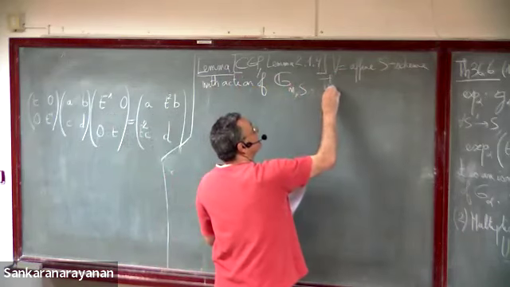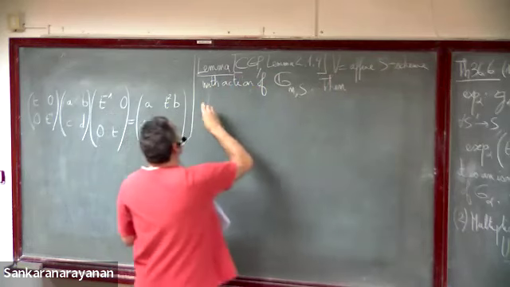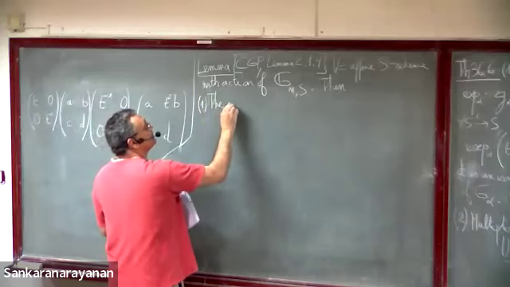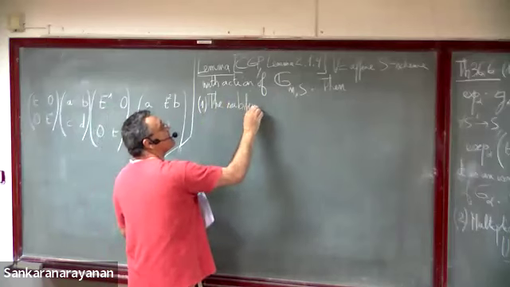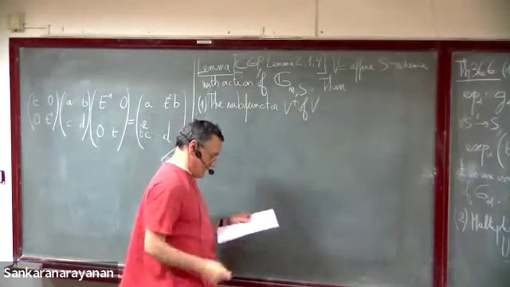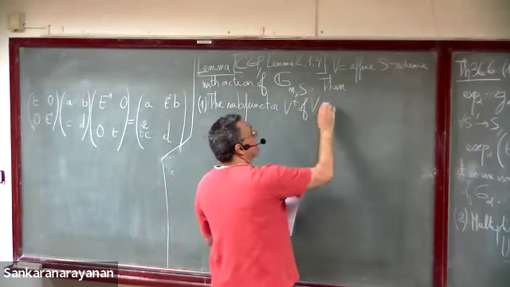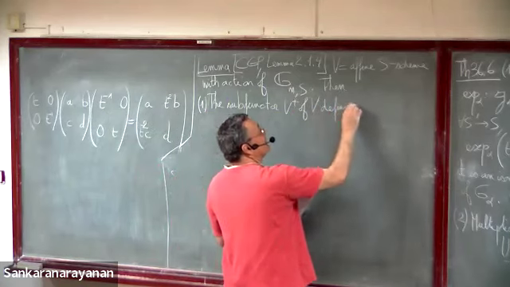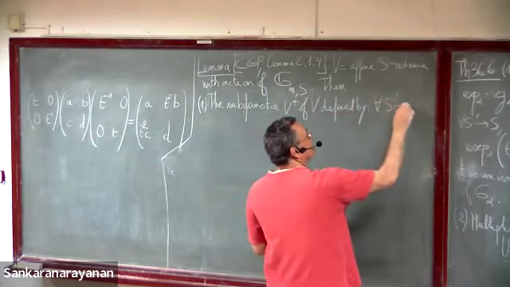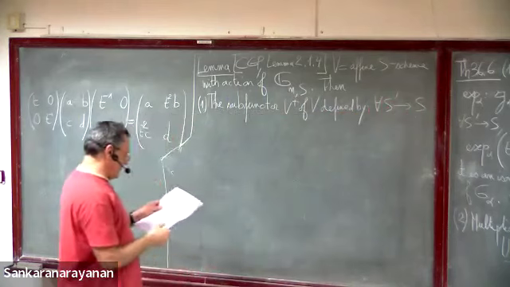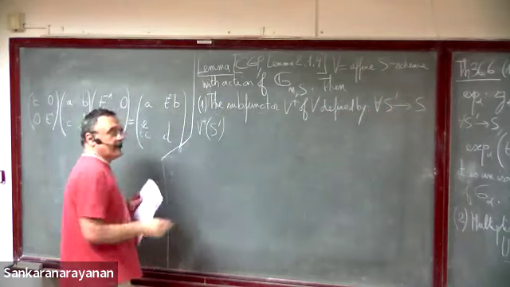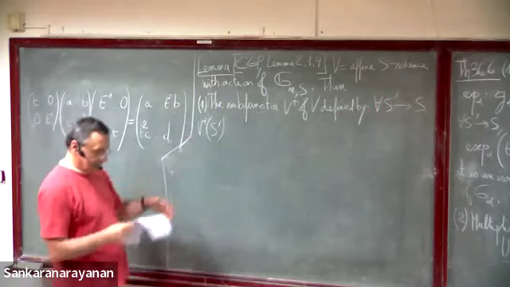Then, firstly, the subfunctor V plus of V is defined by pointing: for an S scheme S prime, we want the S prime points of V plus.